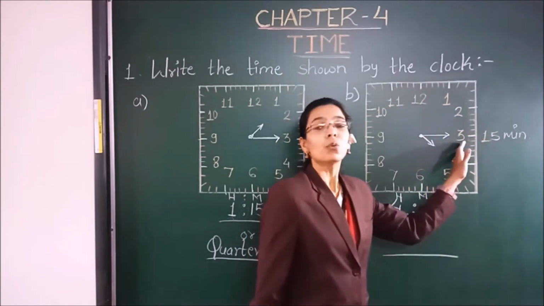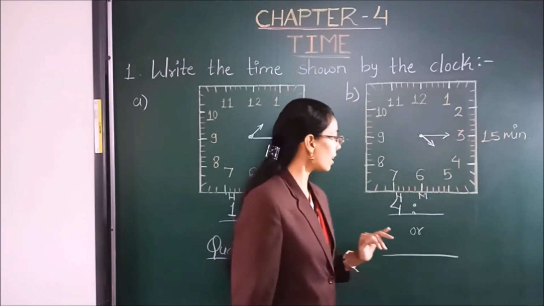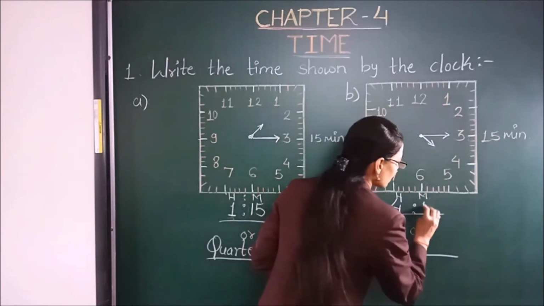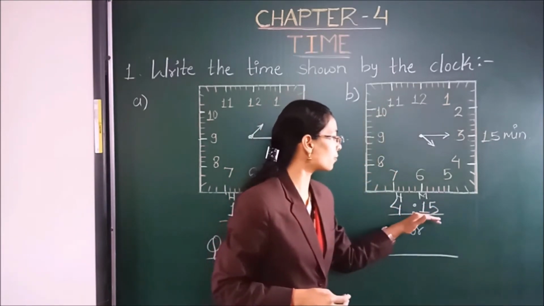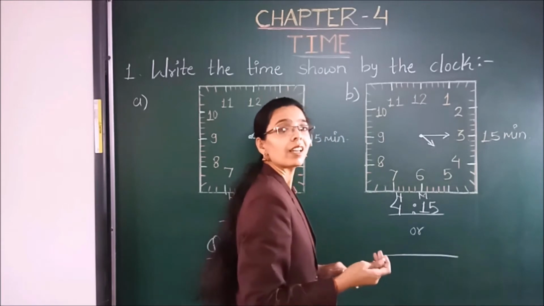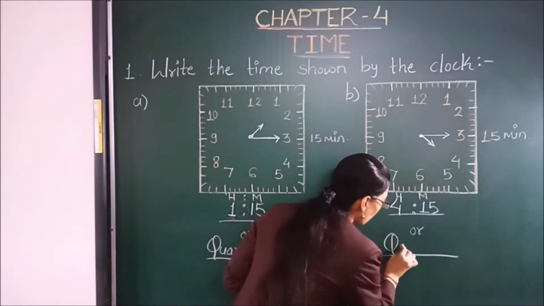It means 3 5s are 15. 15 minutes. So our time is 4:15 or, in another way, quarter past 4.